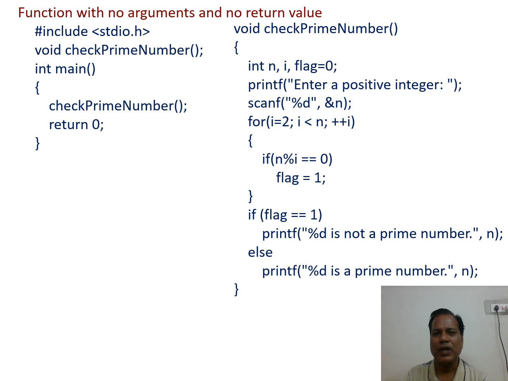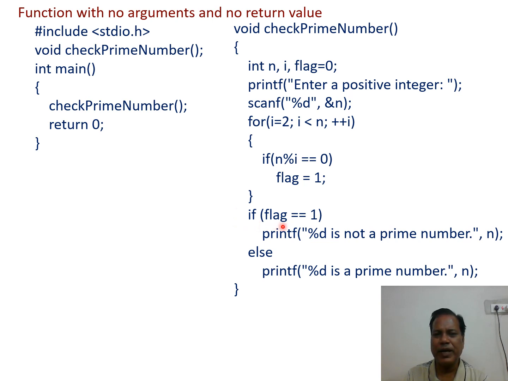Otherwise, it remains at the initial value, that is 0. Now, once the condition becomes false after incrementing the value of i, that is, if the value of i becomes equal to n, then control comes out of the for looping statement.